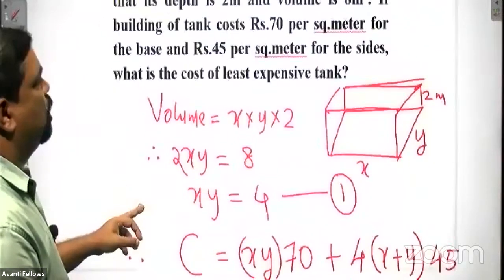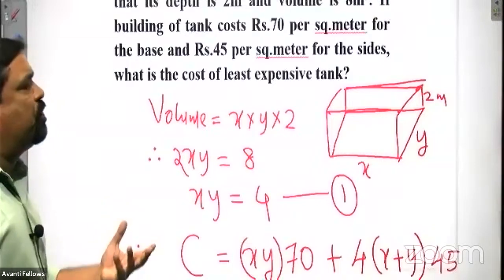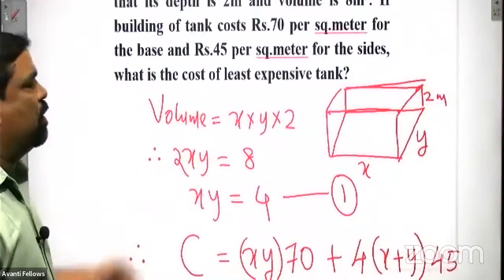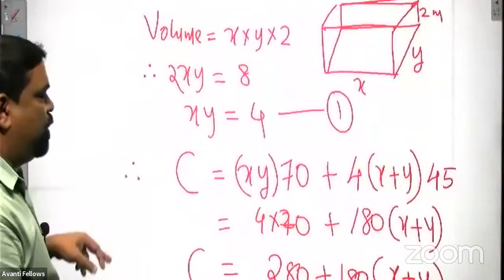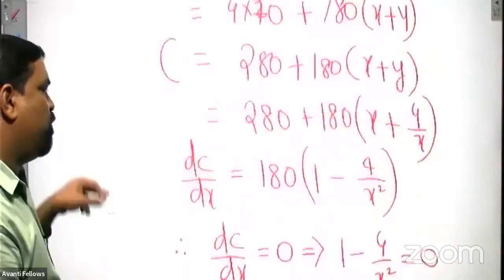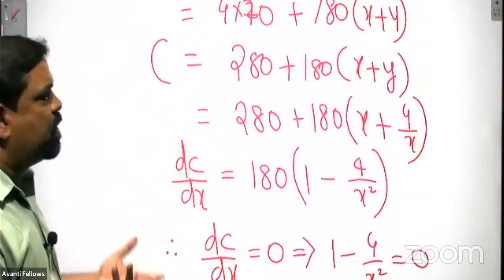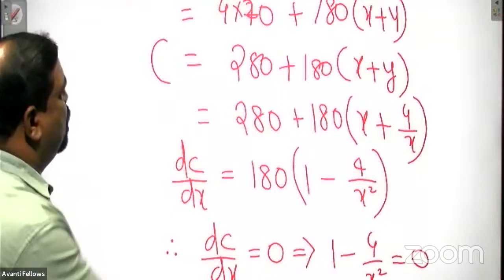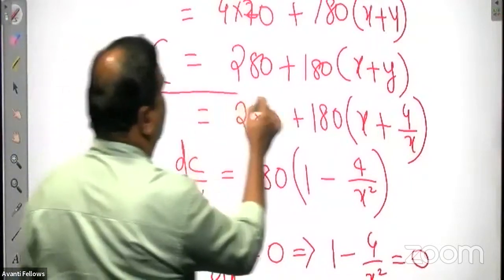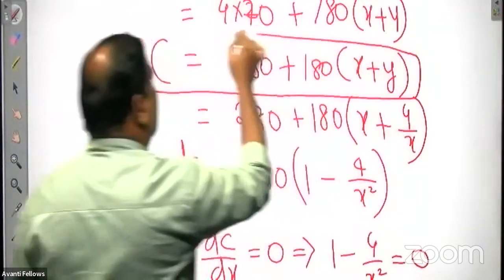And what is the cost of the least expensive tank? That's the question actually. So that means we have to find the value of C. So we got x, we got y. Now we have to find the cost. So this is our cost function.